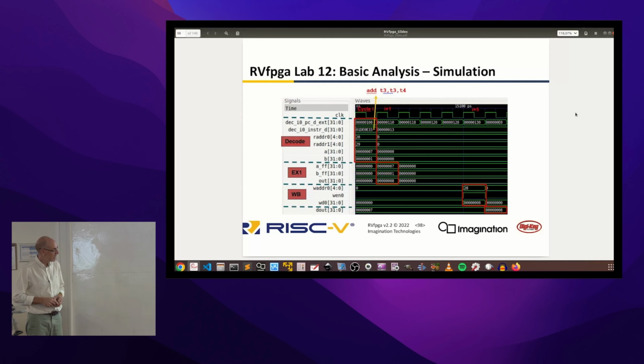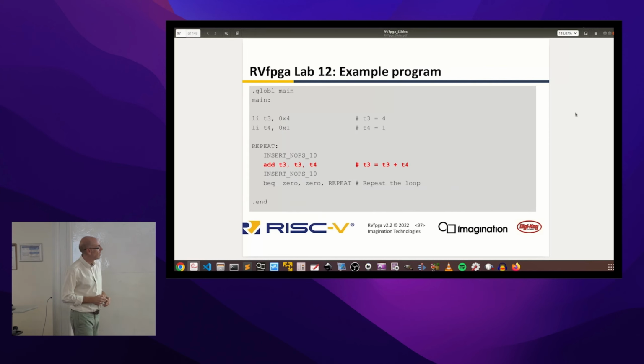So we will write into register 28 the value obtained from the ALU, which is 8 in this case. And in the next cycle, you can see that the value stored in that register has changed from 7 to 8. So this illustrates the execution of this instruction in the SweRV EH1 processor.